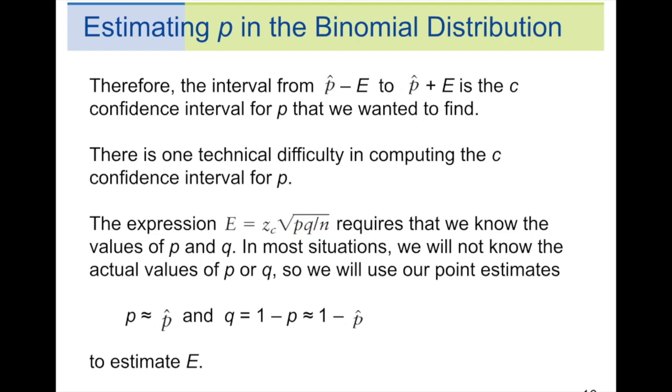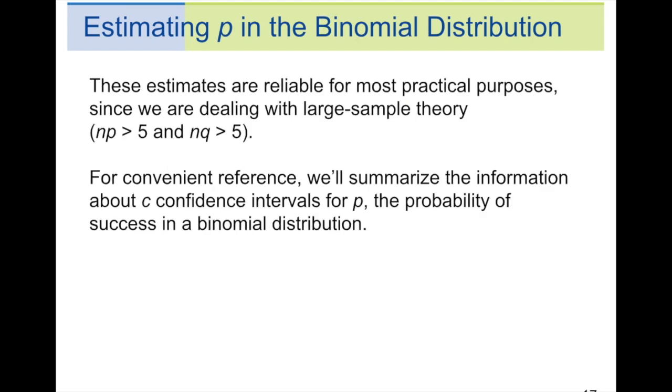In most situations, we will not know the actual values of p or q, so we will use our point estimates, where p is approximately p hat and q, which equals 1 minus p, is approximately 1 minus p hat, to estimate E. These estimates are reliable for most practical purposes, since we are dealing with large sample theory, where np and nq are both greater than 5. For convenient reference, we'll summarize the information about c confidence intervals for p, the probability of success in a binomial distribution.